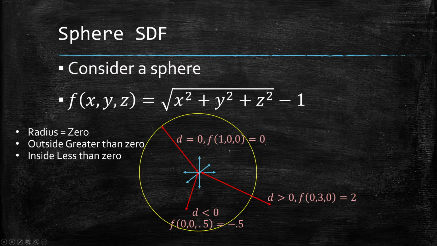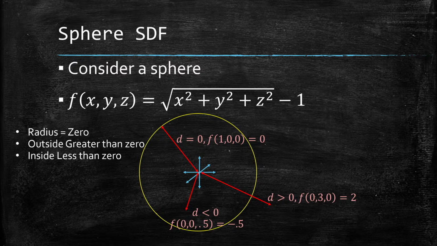If it's greater than 0, then we know that it's outside the volume. If it's negative, then it is inside this volume. So that immediately tells us we're either inside the volume, outside the volume, or sitting on the volume surface.